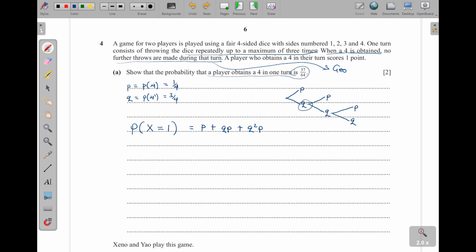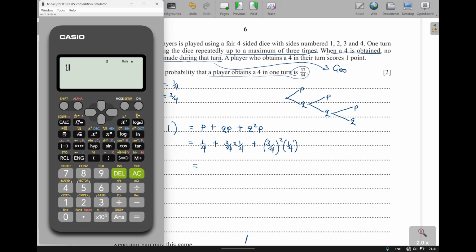Okay, now putting all of this together, our p, remember, is a quarter, then plus q is 3 over 4, then times a quarter. Then plus 3 over 4 squared, and then times a quarter. So when we put all of this in the calculator, what do we get? 1 over 4, then plus, this will be 3 over 16.